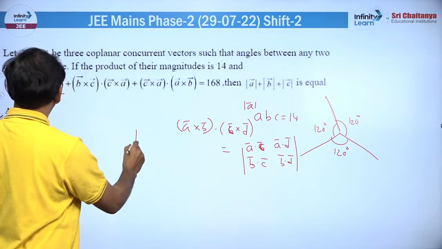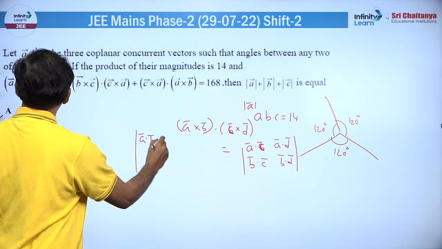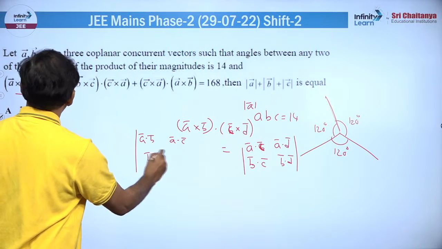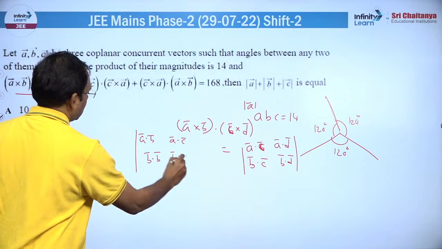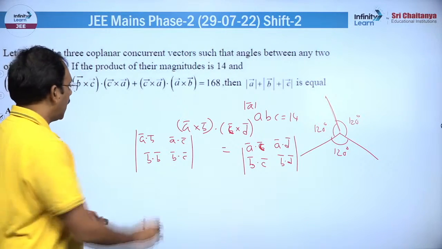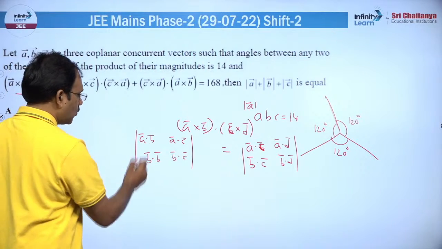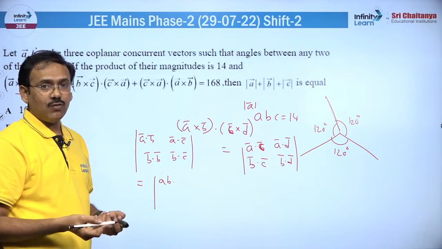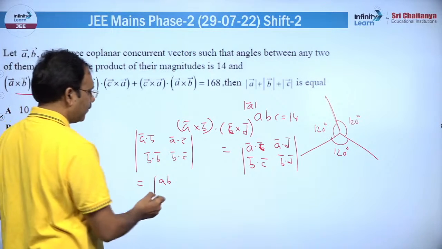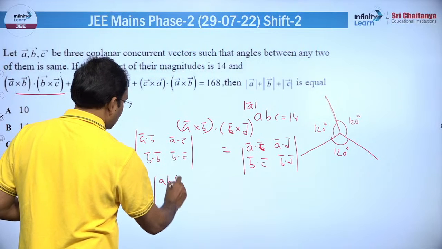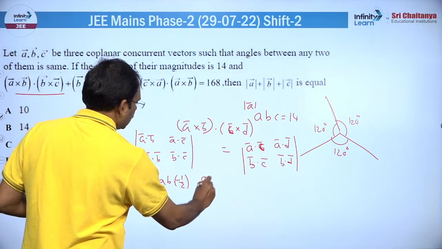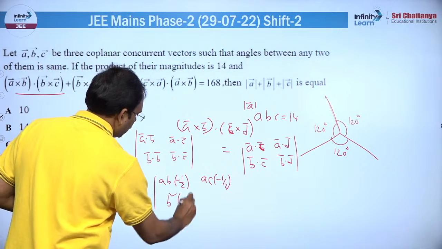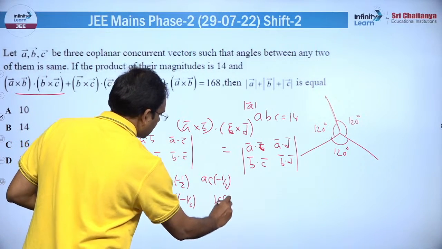So, which you are going to get, friends, you see A dot B, A dot C and B dot B, and you can say B dot C. This you just expand. How to find dot product here? A dot B means AB into cos 120 degrees, which is minus 1 by 2. Here also AC into minus 1 by 2, B square into minus 1 by 2, this is BC into minus 1 by 2.